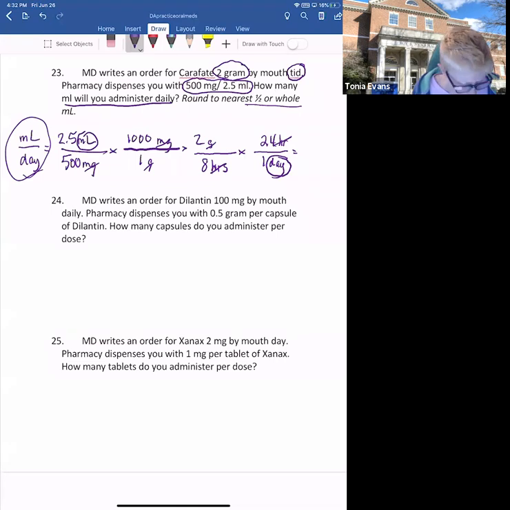So I can do my math here. 2.5 times 1,000 times 2 times 24 divided by 500 divided by 8 equals 30. So I have 30 mLs per day.